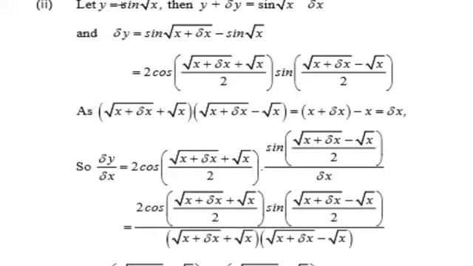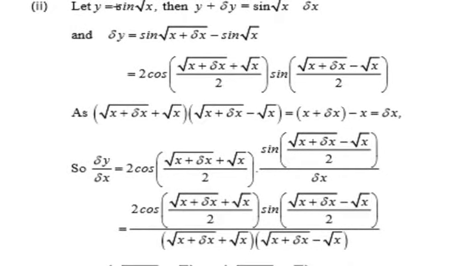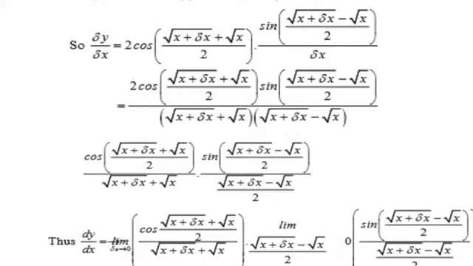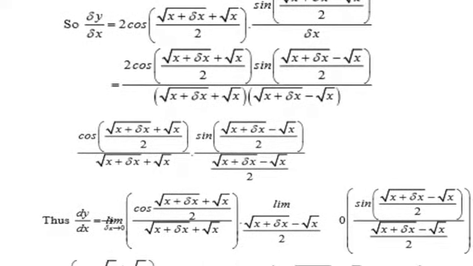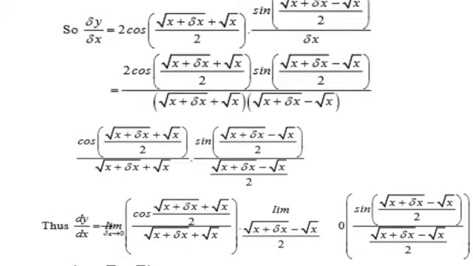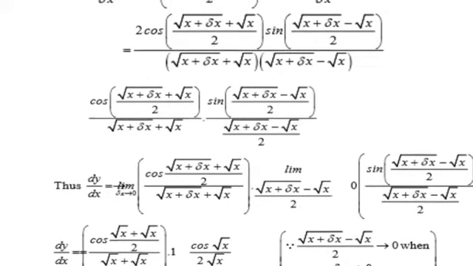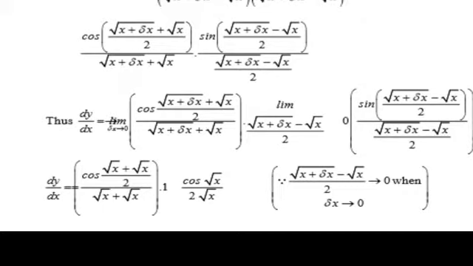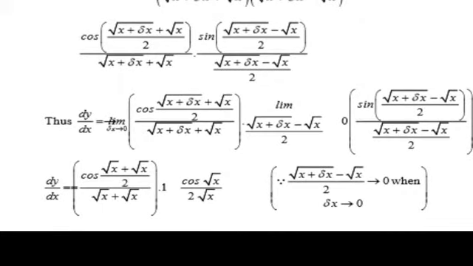Now we divide by delta x and we replace delta x by this value, and we divide the last angle by 2. We move the first 2 to the last value, and then the limit delta x tends to 0. The last factor becomes 1, and we put the limit in the angle of cos, and this is your answer, cos square root x over 2 square root x.